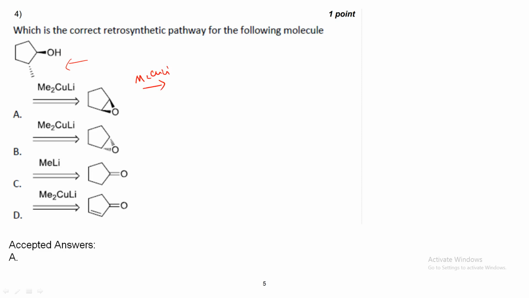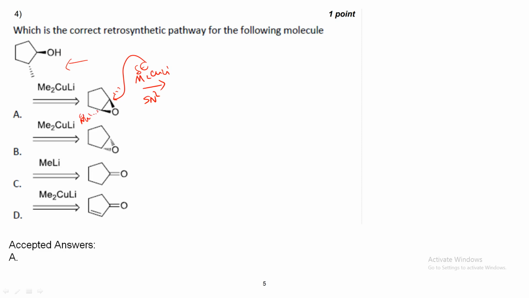Here again we need to do the SN2 attack. If SN2 attack is happening, it should happen from below the face, because the epoxide ring is above the plane. So for SN2, the nucleophile should be below for both the cases.